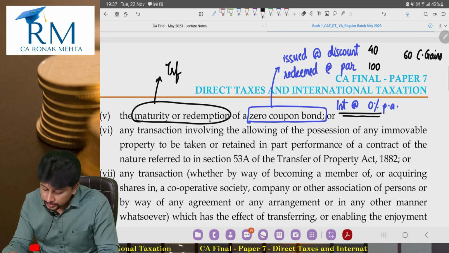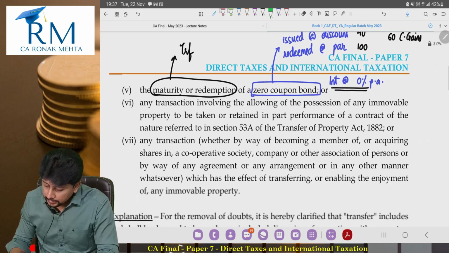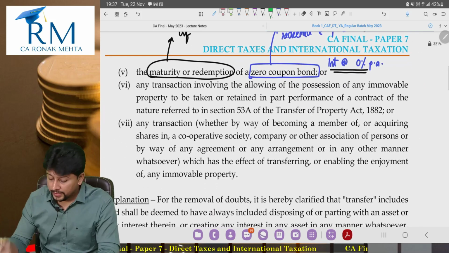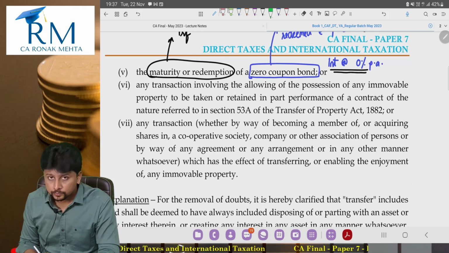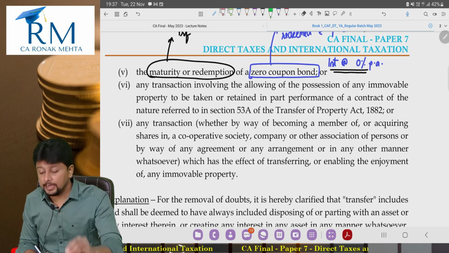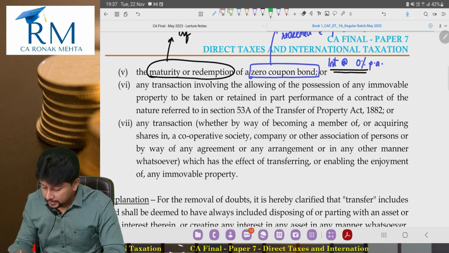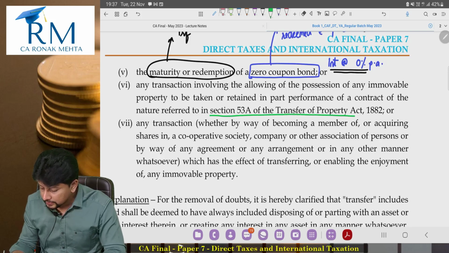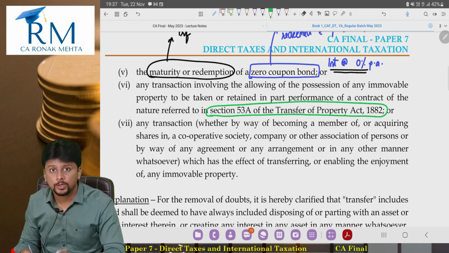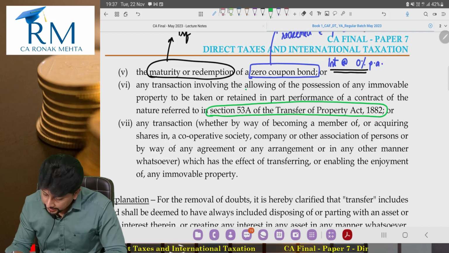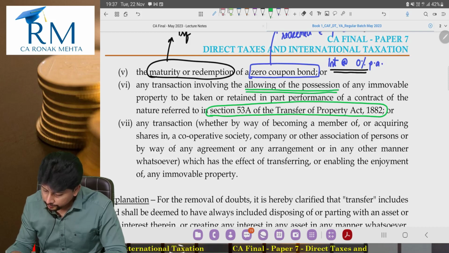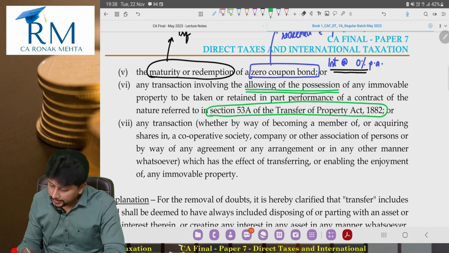Any transaction involving the allowing of possession of any immovable property to be taken or retained in part performance of a contract as per 53A of Transfer of Property Act. What are you doing? You are allowing the possession of the immovable property. Why?